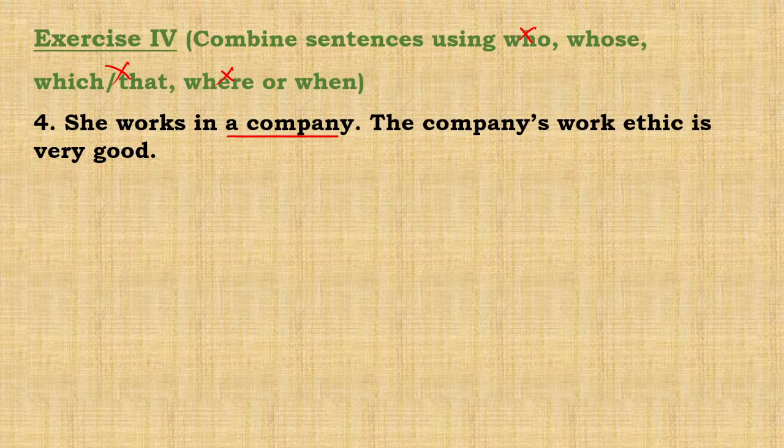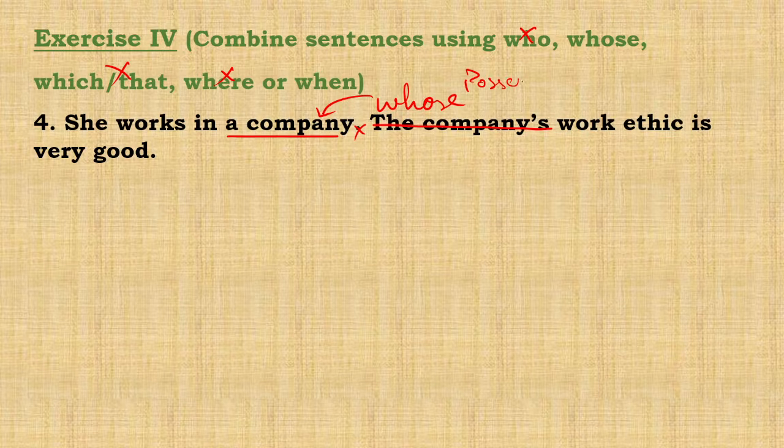We are speaking about this company. Remove all this. Okay, immediately replace this word with the whose work ethics. Here whose refers to company. Remember, whose is a possession. This is a possession word. This possession can be used both for the living and also non-living.